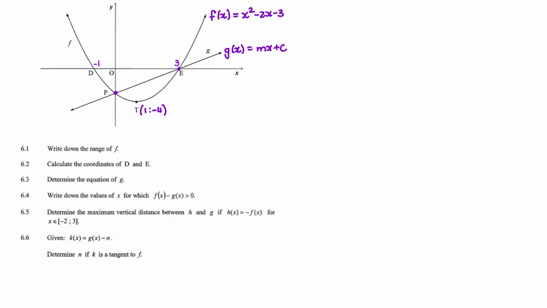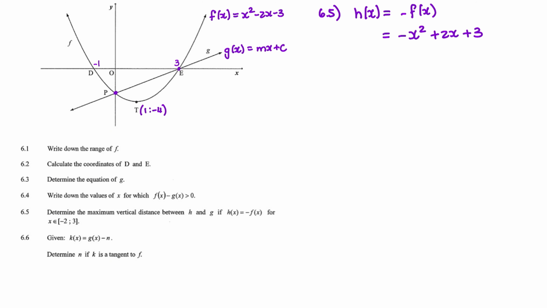6.5. Determine the maximum vertical distance between h and g if h(x) = −f(x) for x between −2 and 3. So for 6.5, what I would like to do is first find the equation of h(x). And that's simply −f(x). So I take f(x) and I change all of the signs of every term. So that is multiplying the whole equation with −1.